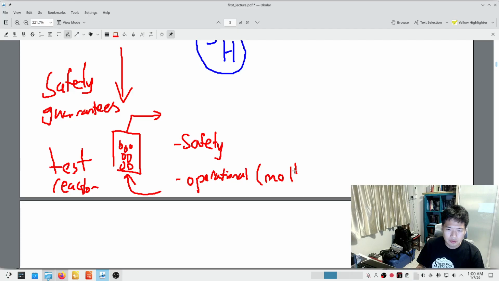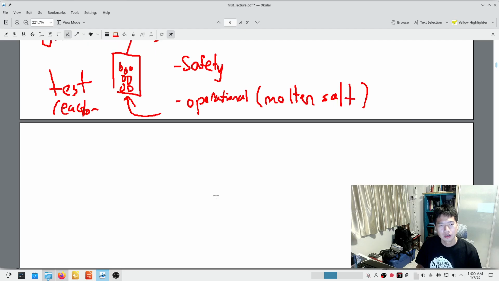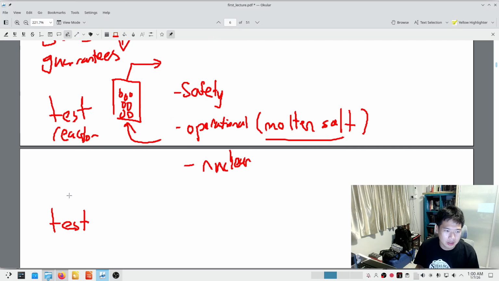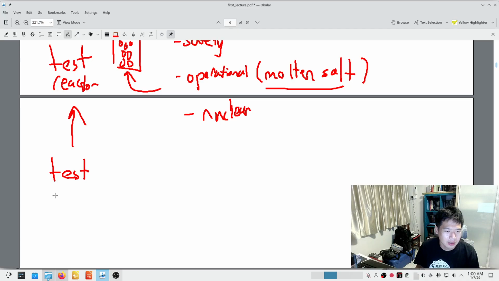So you have a lot of molten salt problems, and then there's also the nuclear component, with radioactivity and other safety issues involved. So even before the test reactor, you probably have a test loop.